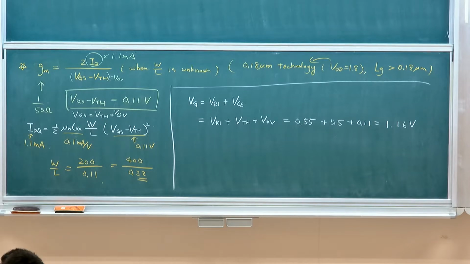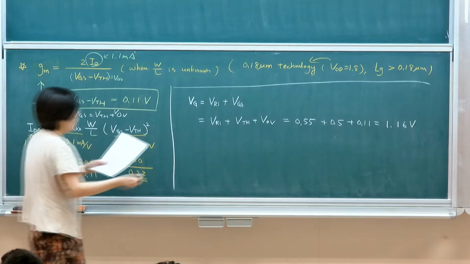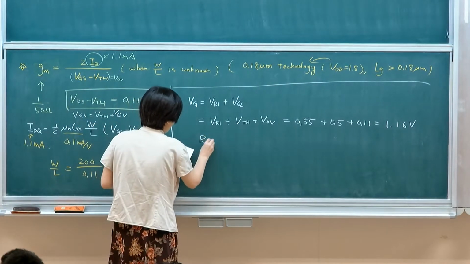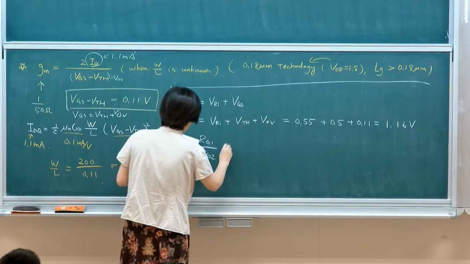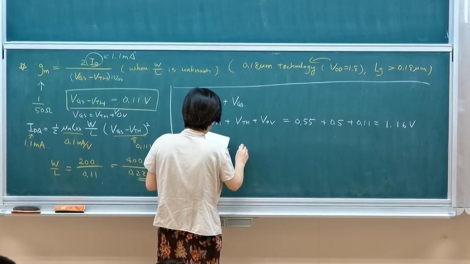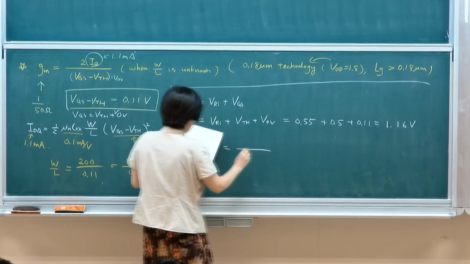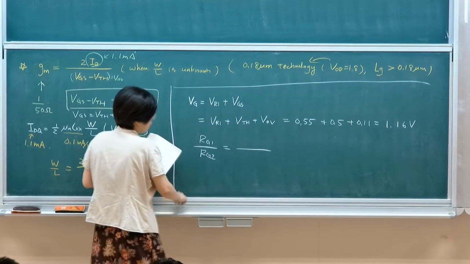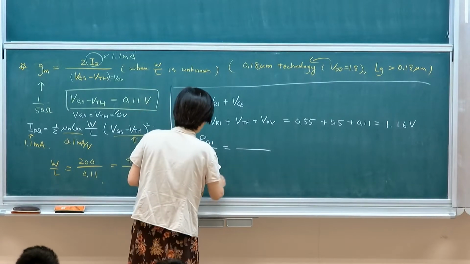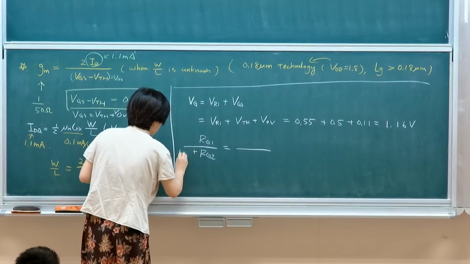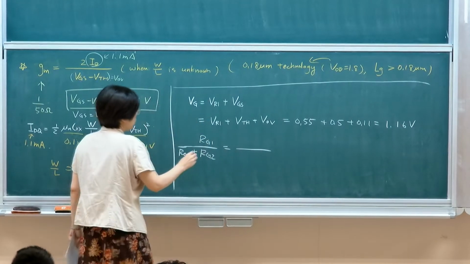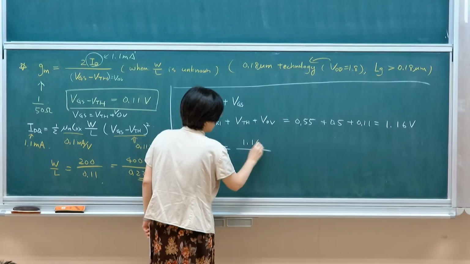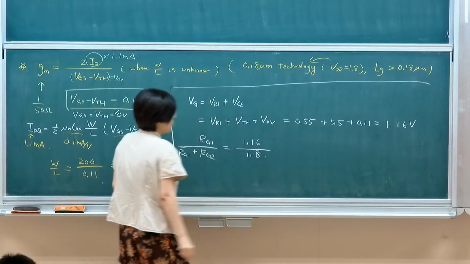Okay, so the next thing we're going to talk about: you determine RG1, RG2. But first of all, we know that RG1 and RG2 have a ratio. The ratio between the two should be 1.16 over 1.8.